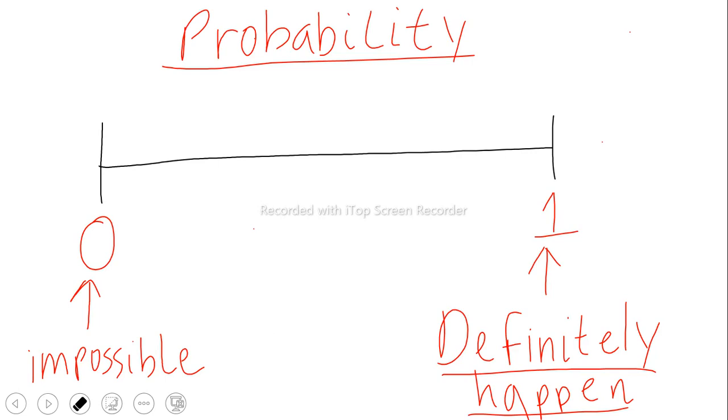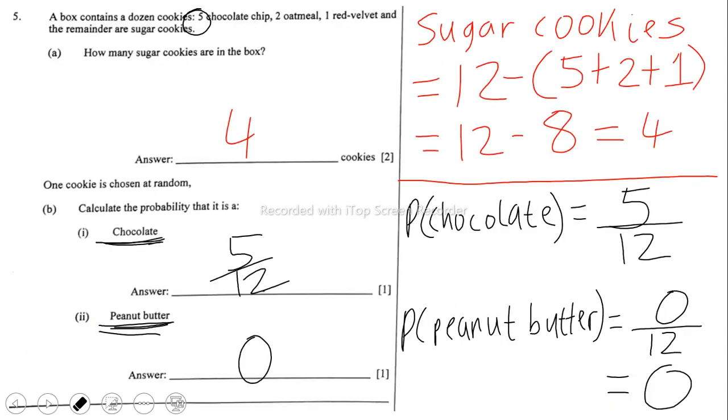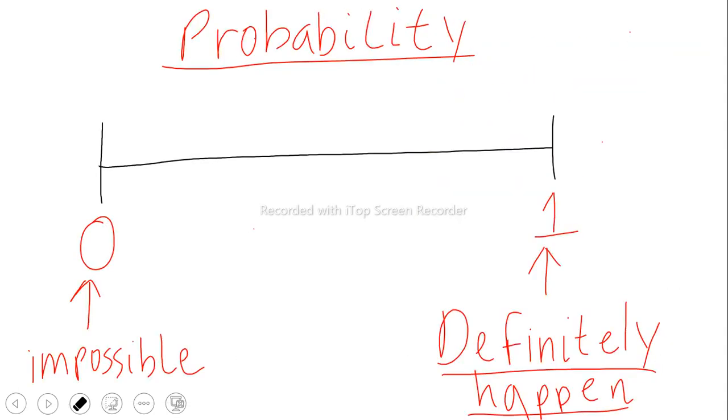That's impossible. If you get something above 1, like 10 or 5 or 16, you know your answer is wrong. Probability is going to be from 0 to 1, in between, or 0 or 1. And you could get a fraction or decimal, but that's still between 0 and 1.